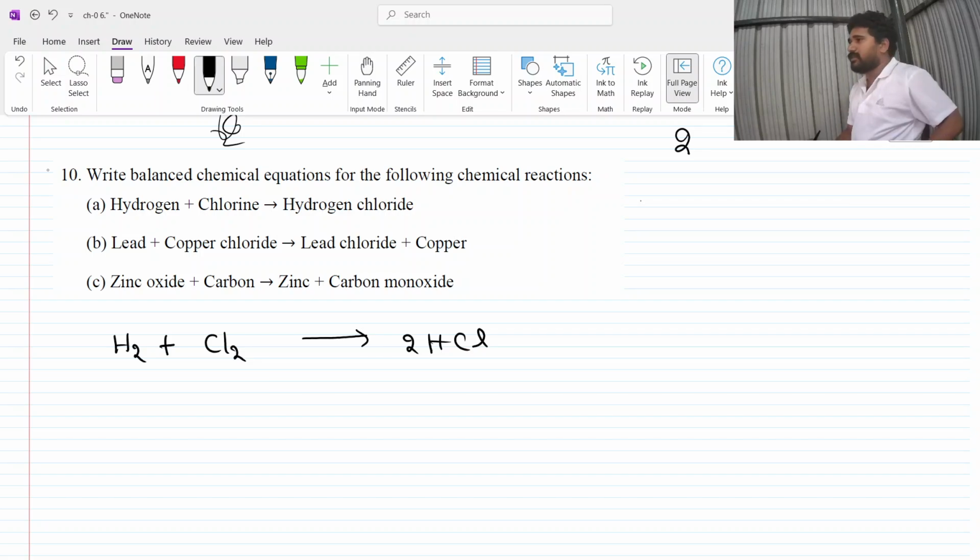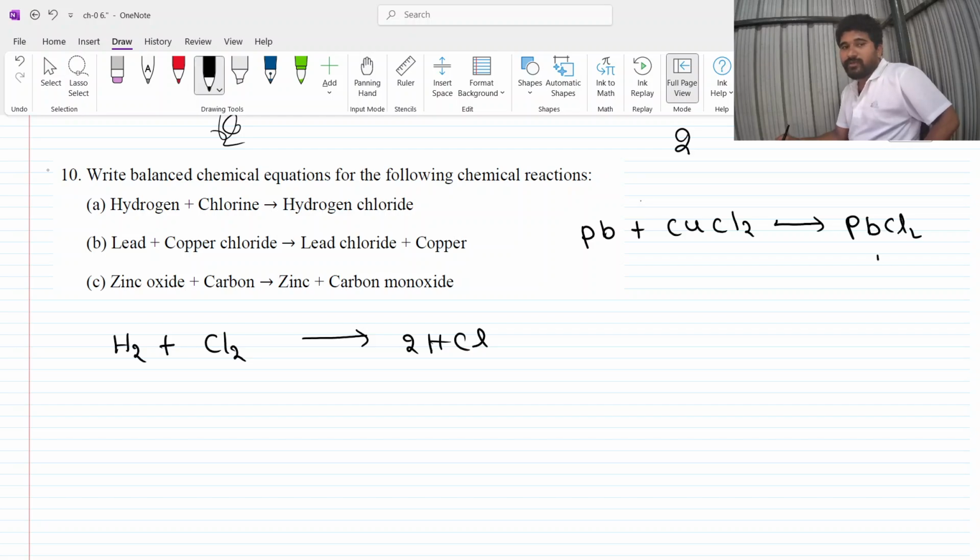Yes sir, it is balanced. Next, lead plus copper chloride gives what it will be? Pb plus CuCl2 gives Pb, very good, plus Cu.